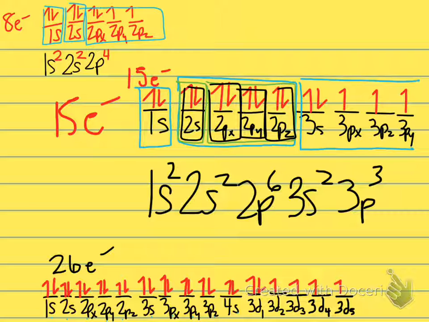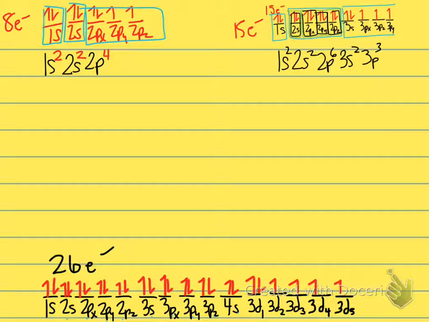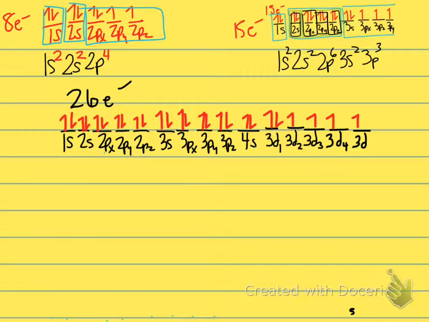Now, I was leading up to the bad boy at the bottom, our iron. And this one is interesting because, of course, we have overlaps. So it starts off just the same.